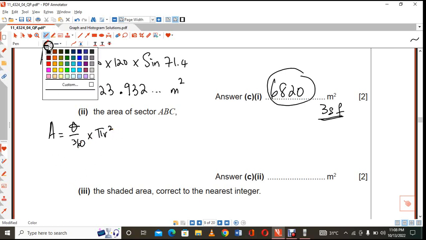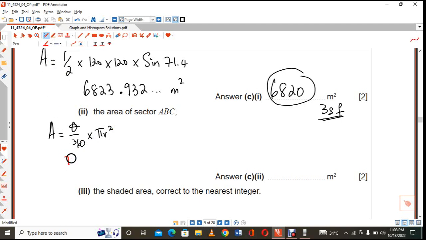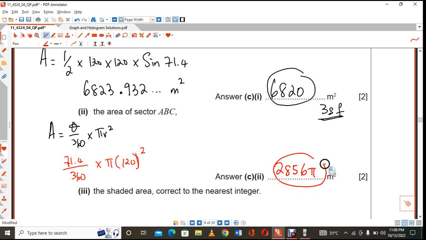In this particular case, our angle was 71.4, and we put it over 360, multiply that by pi, multiply that by 120 squared. So you go ahead, grab your calculator, and work that out. You should get something like 2,856 pi. I'm just giving my answer in terms of pi, or anything within that range.